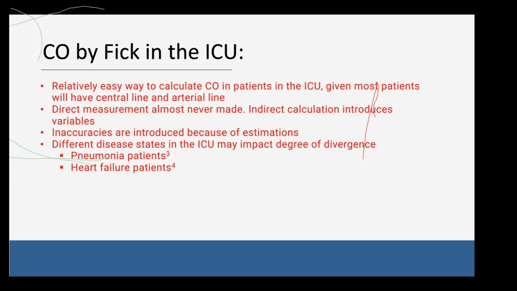And in fact, in heart failure patients, when they measured oxygen consumption with a metabolic cart and compared it to the oxygen consumption based on formulas or thermodilution, it was found that the worse your NYHA, New York Heart Association, functional status was, the larger the discrepancy was between these estimations that we use very routinely versus what was measured on a metabolic cart.